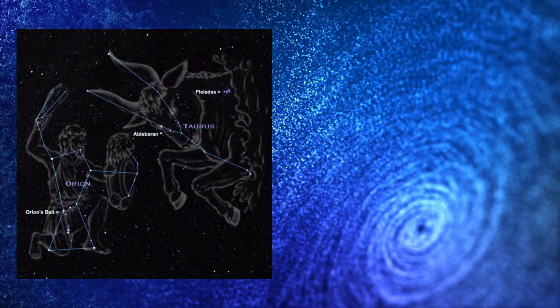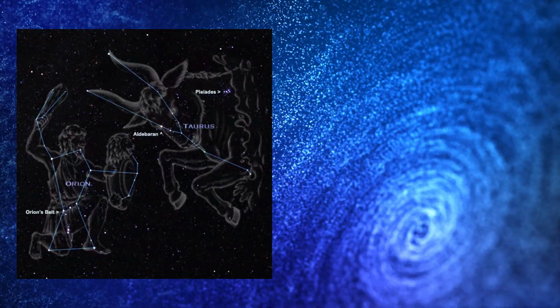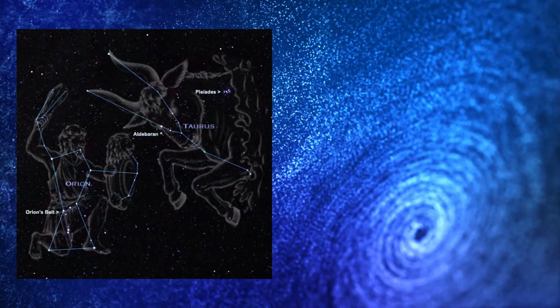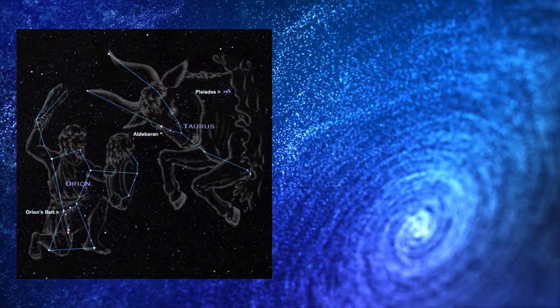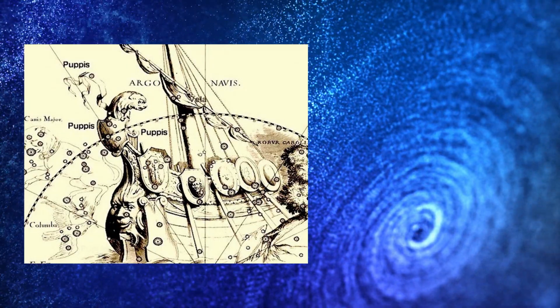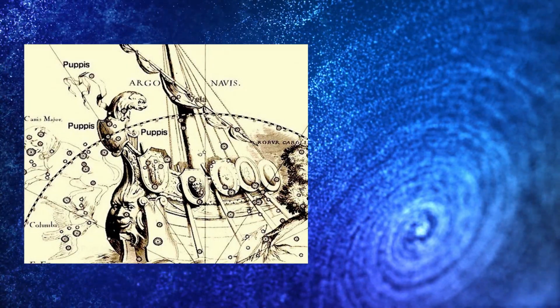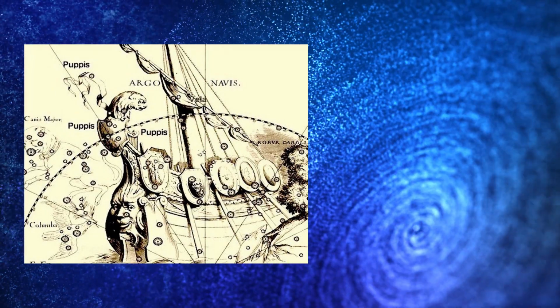For example, Taurus, the bull, had shoulders, head, and horns, but no back of the bull. Pegasus, the same. With Argo, it was a ship, but it was only the stern of the ship, and then they kind of lost track of what happened. But the important thing in the story of Argo is that it's being drawn stern first.